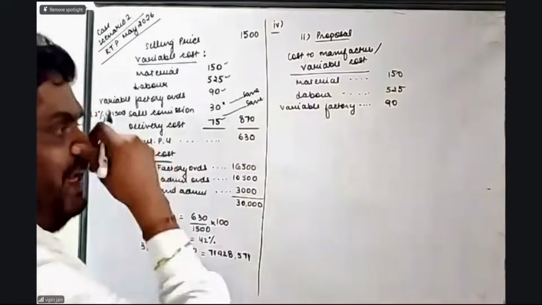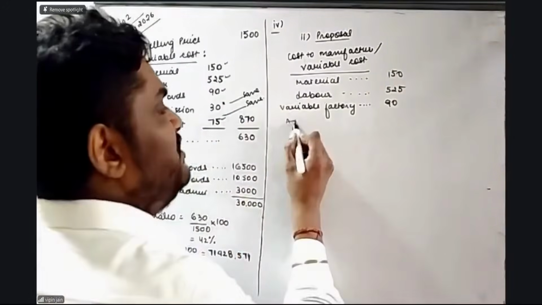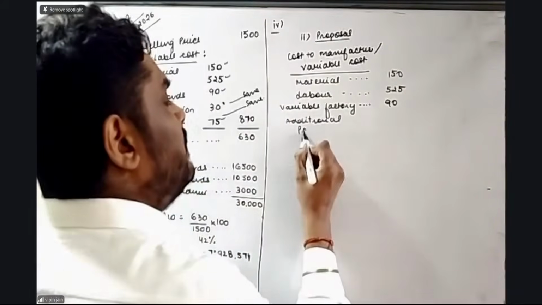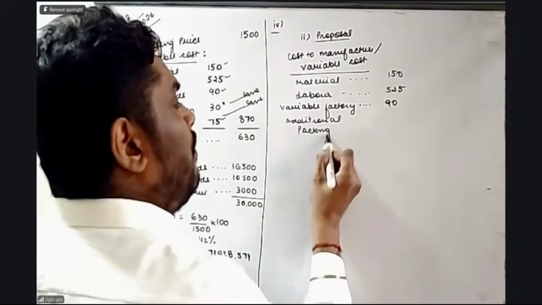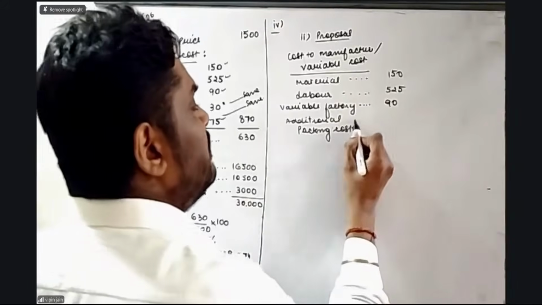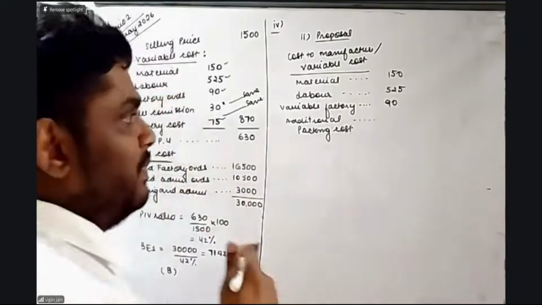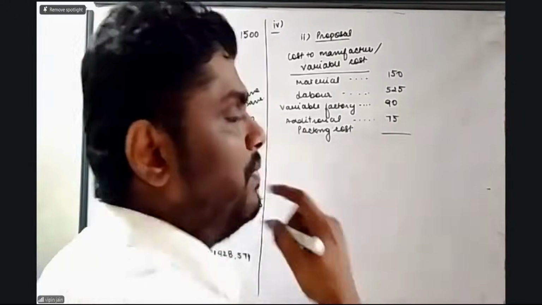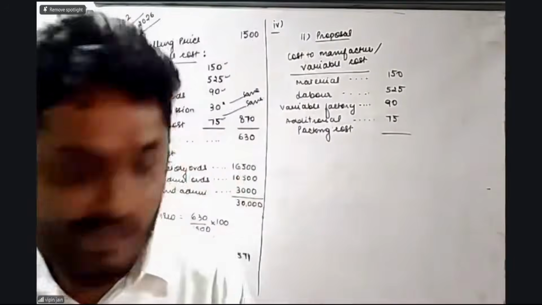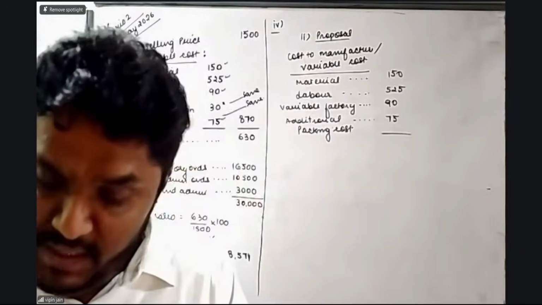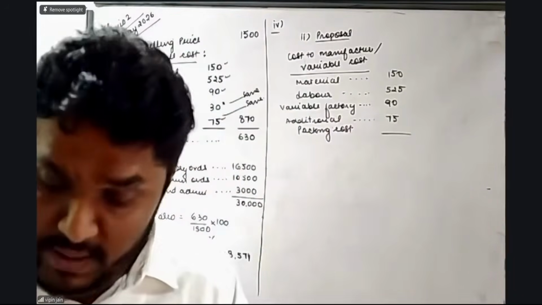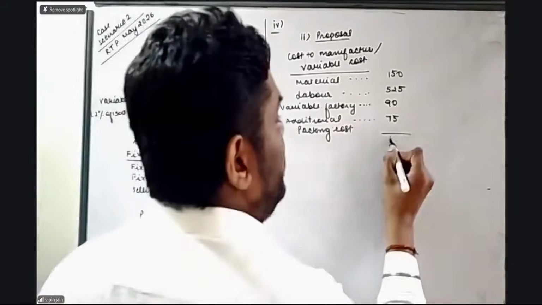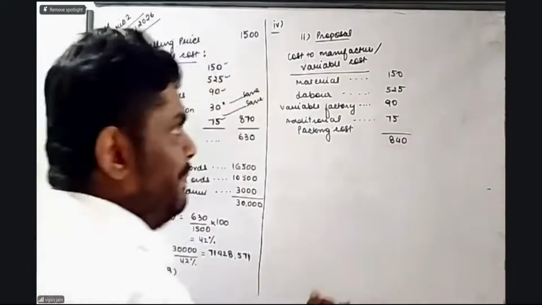These are the two costs that we will be saving, but additional packing cost we have to incur. That is how much? 75 rupees. 150 plus 525 plus 90 plus 75. So 840 is the cost to manufacture a product.